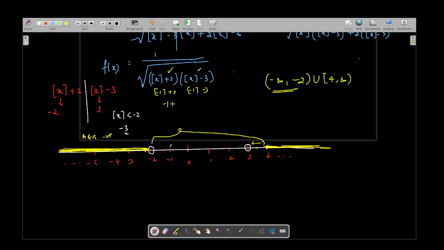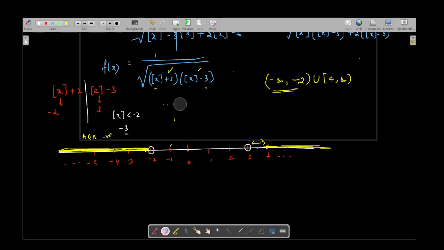One of them is positive, and one of them is negative. So the product will give us a negative value, so we cannot take anything in this interval.